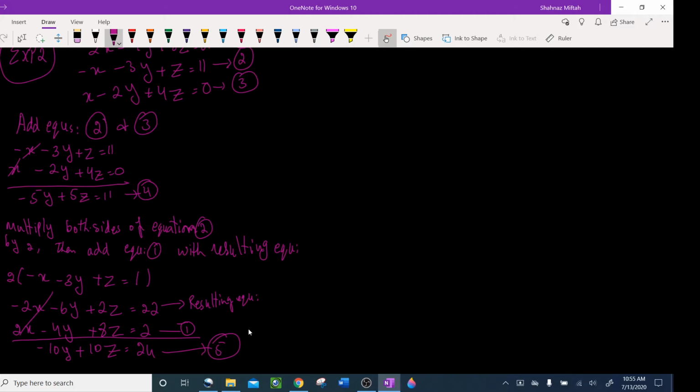So I got negative 5y plus 5z equal 11, and I have negative 10y plus 10z equal 24. This is equation number 5, this is equation number 4. If you pay attention closely, I can't cancel out anything. I can't eliminate either y or z.